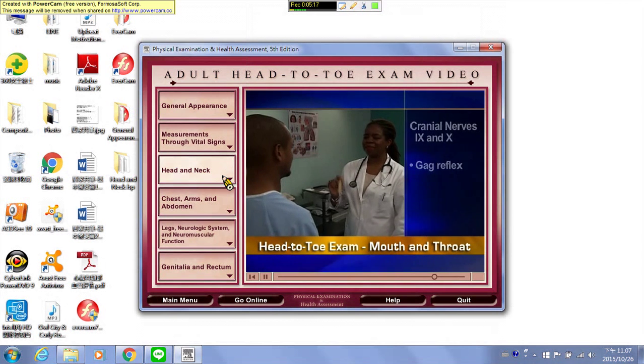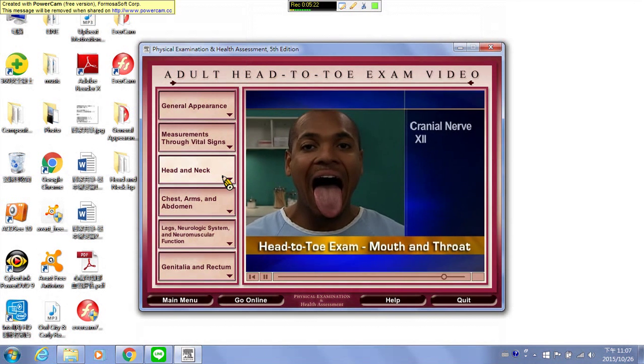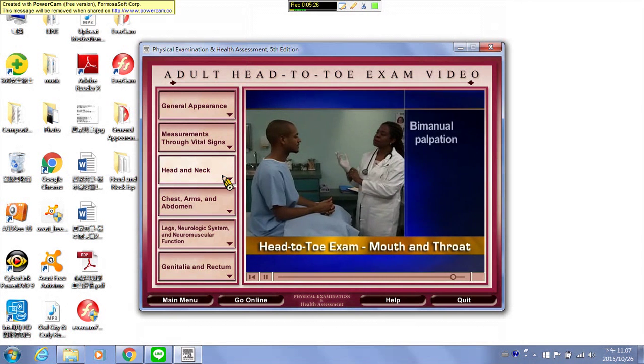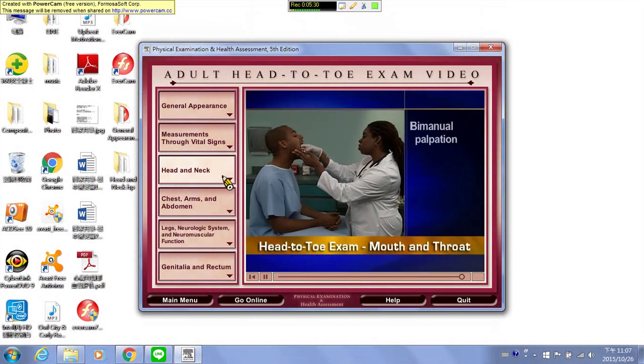Okay. I need you to stick your tongue out for me. To check cranial nerve 12, ask the person to stick out his tongue. If indicated, put on a glove and bimanually palpate the mouth.